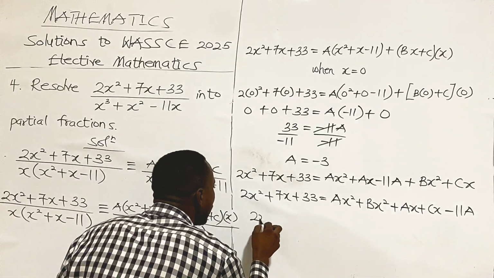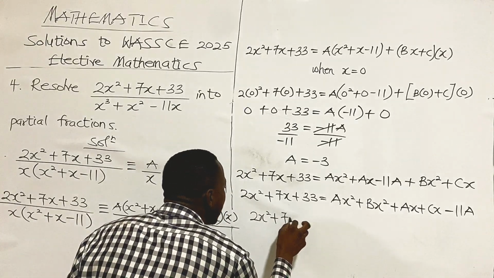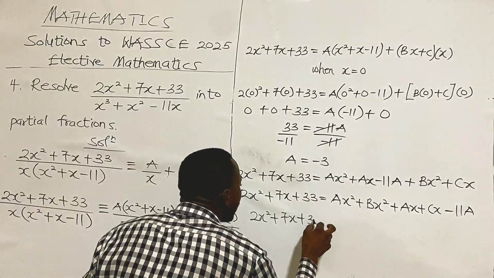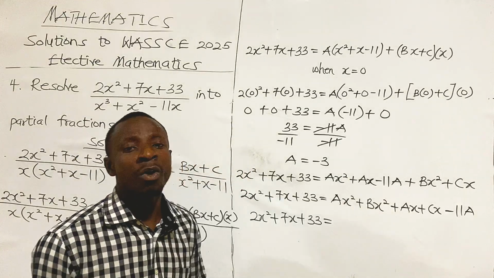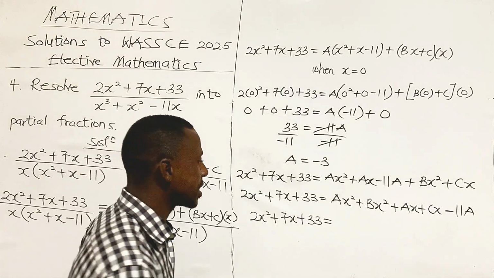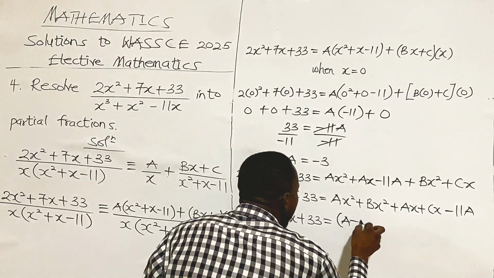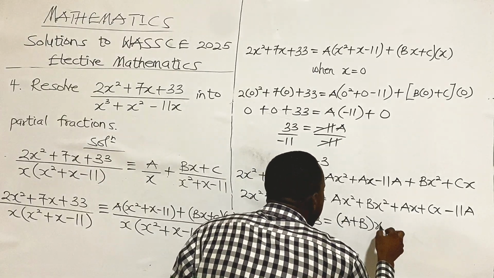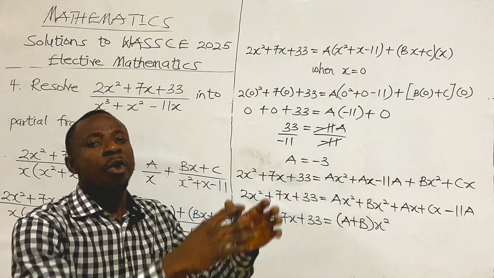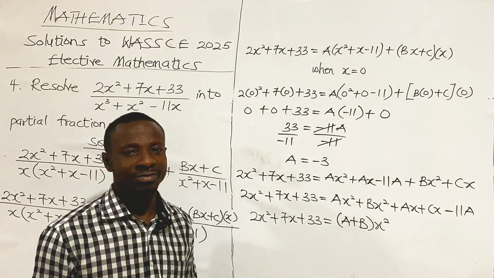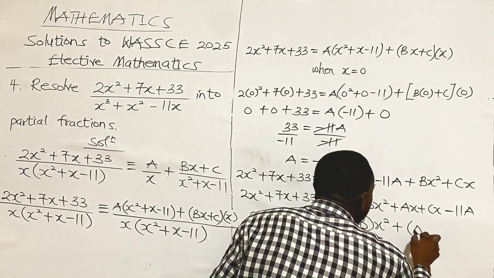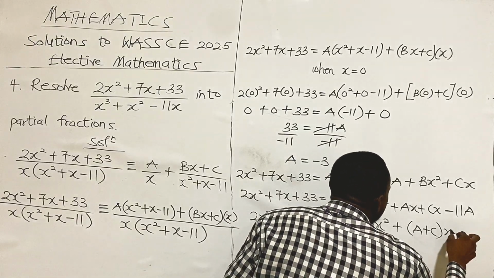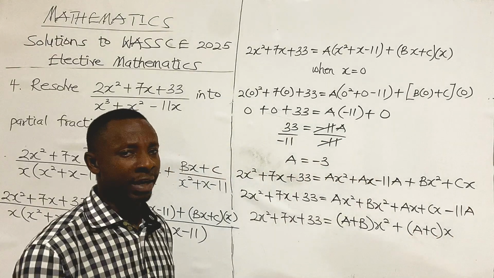So we have 2x squared plus 7x plus 33 is equal to, all of them, they are all of x squared. So we can sort by writing a plus b of x squared. We've sorted them out. Then here we have a plus c all of x.